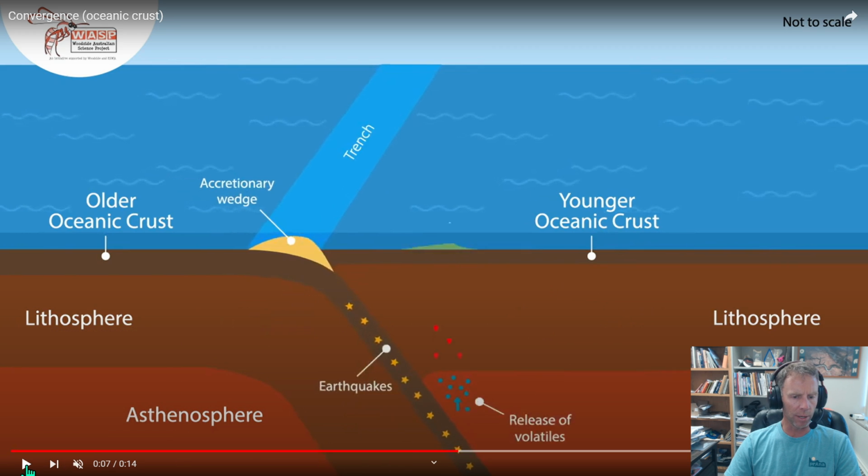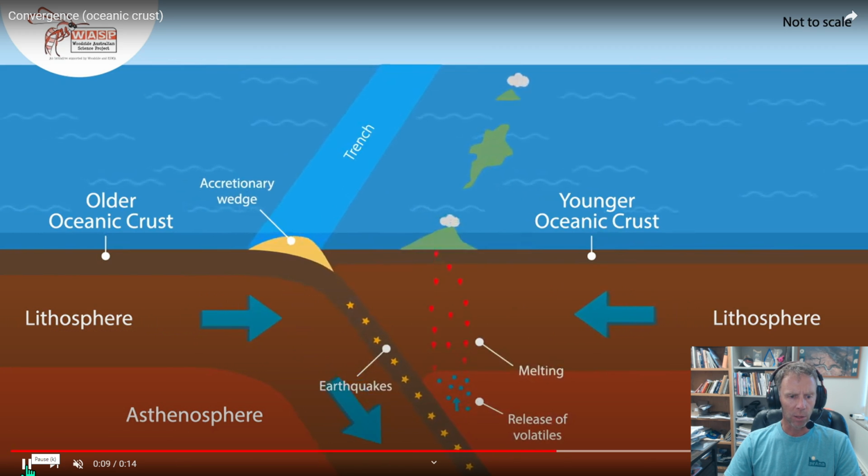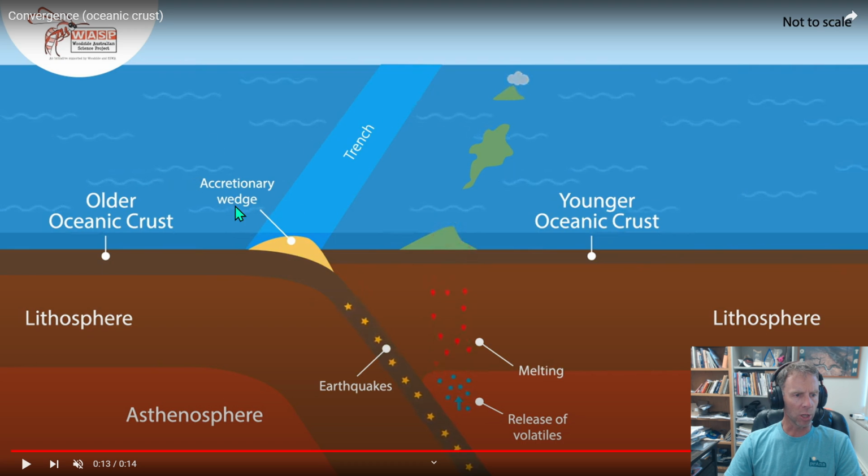It also generates melt, which produces a chain of volcanic islands. So there's our chain of volcanic islands here, the trench here. We'll talk more about this word in a future episode. This is just where stuff gets kind of plastered into or onto this overriding plate a little bit here. So that is one of our plate boundaries, ocean-ocean.